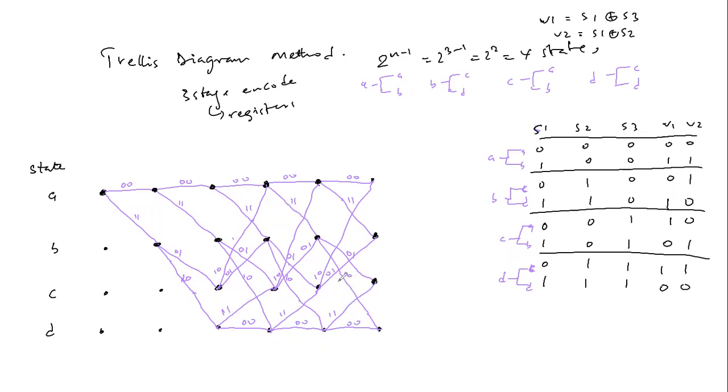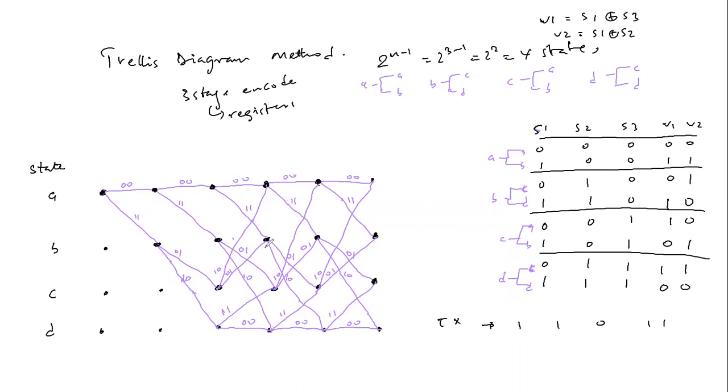Recall that we have the transmitted code word, the transmitted sequence. For instance, the transmitted sequence, as we have previously, 1, 1, 0, 1, 1.